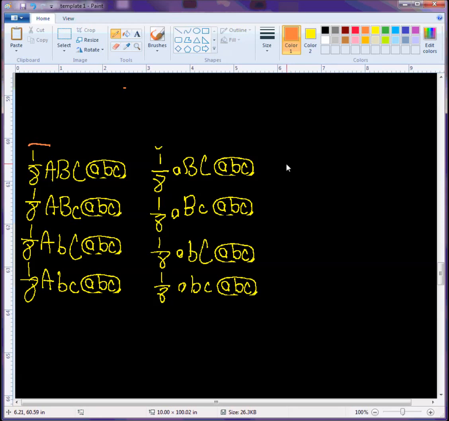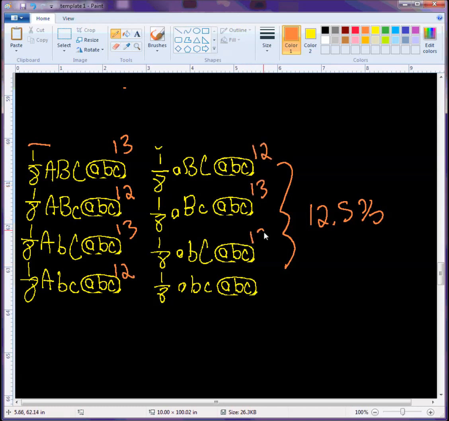So they're all going to represent about 12.5%. So if we were looking at 100 progeny, well, we'd probably see 13 here, 12 here, 13 here, 12 here. You know, one of them's got to be 12, one's got to be 13. You can pick and choose as you wish.